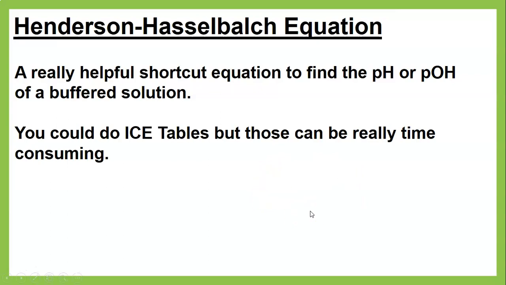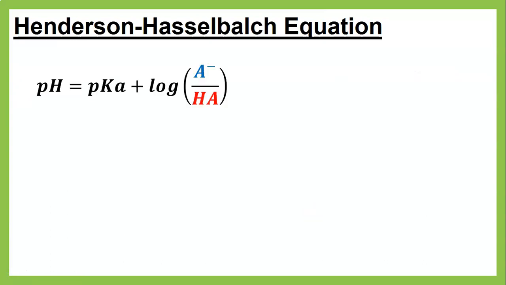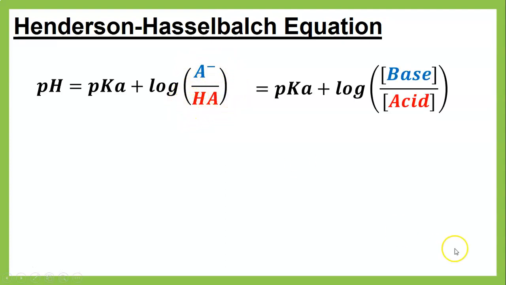So this is a great shortcut. There's going to be two versions of this equation. One is for calculating the pH, where you're going to have the pKa plus log of the anion over the acid. So it's the base that you have present over the acid.